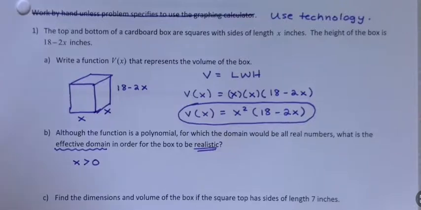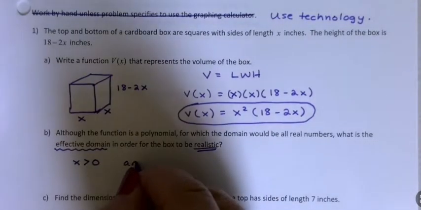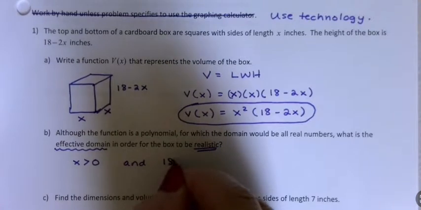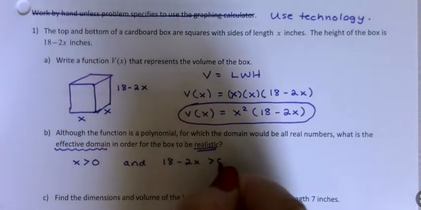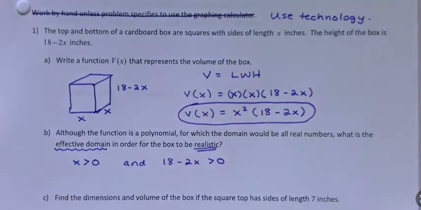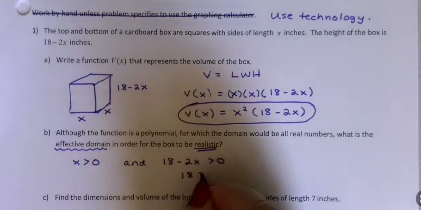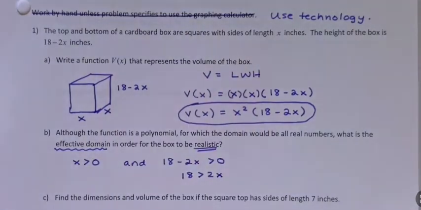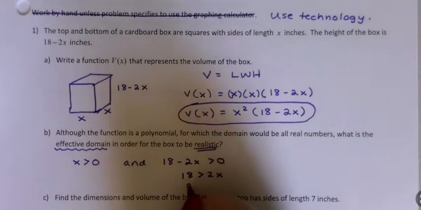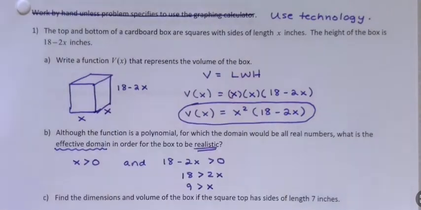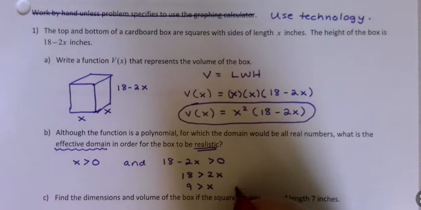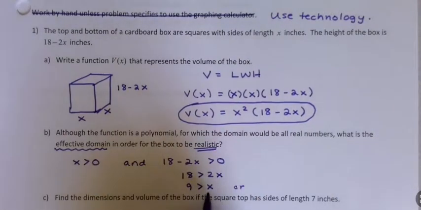But also, 18 minus 2x has to be positive as well. My height has to be positive. So that would say 18 is greater than 2x. And if I divide by 2, 9 is greater than x. I could read that as x less than 9 if I want to.